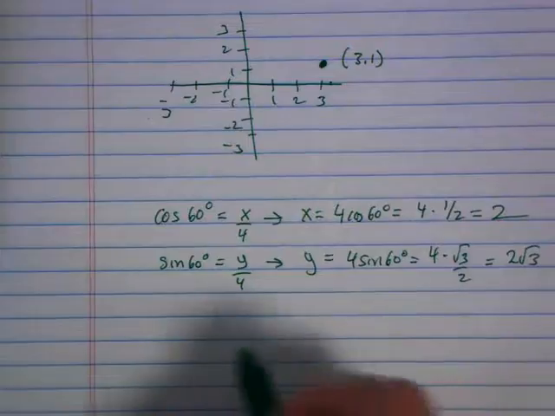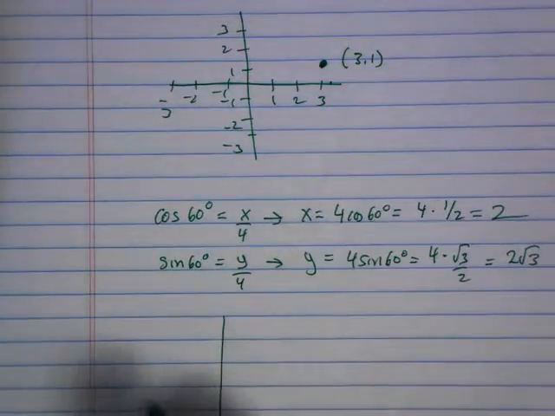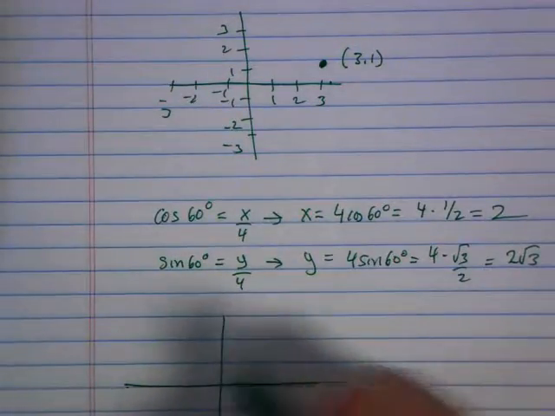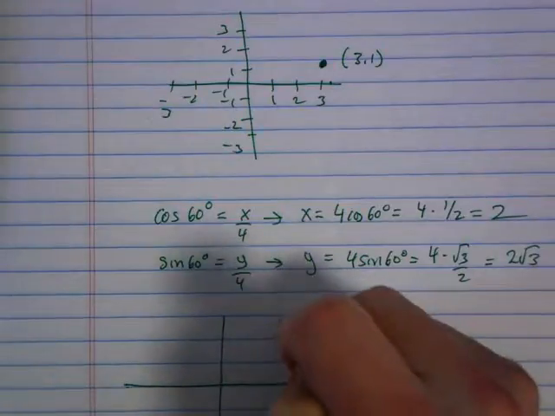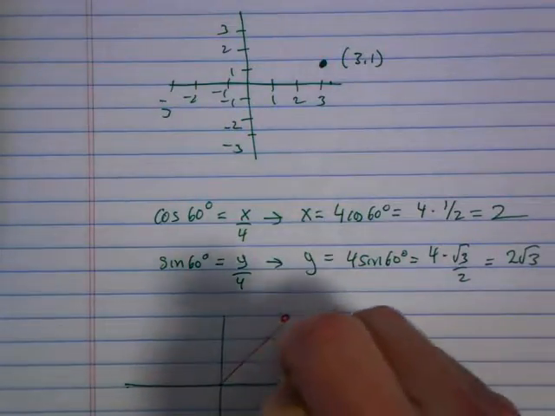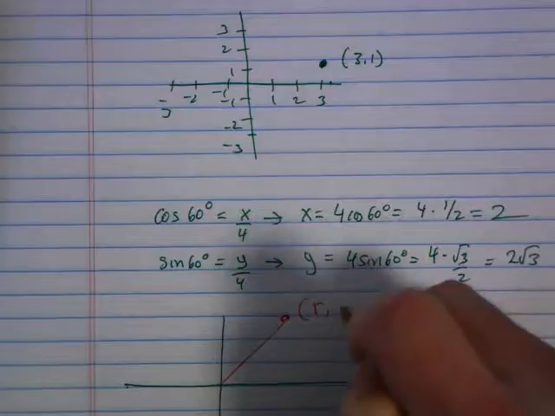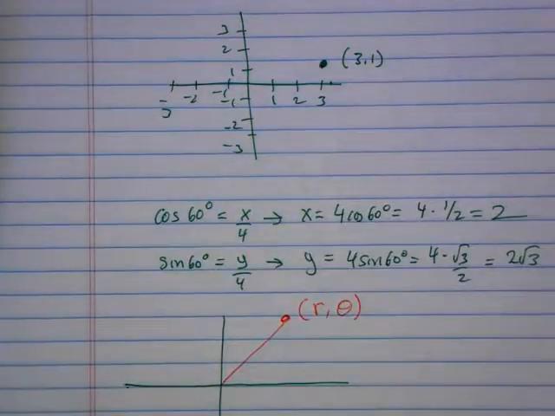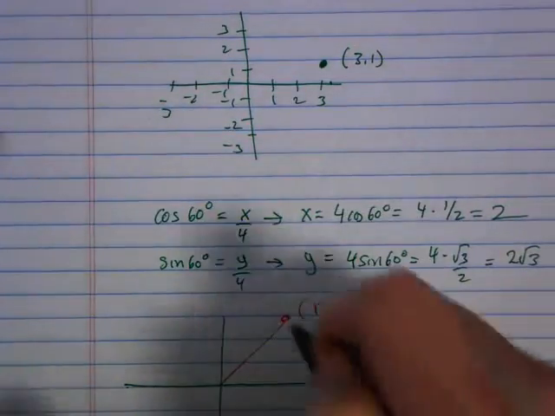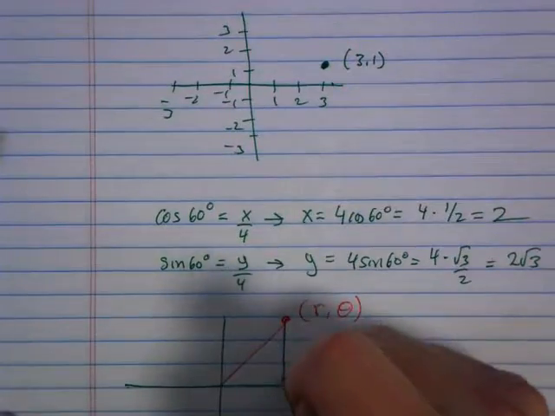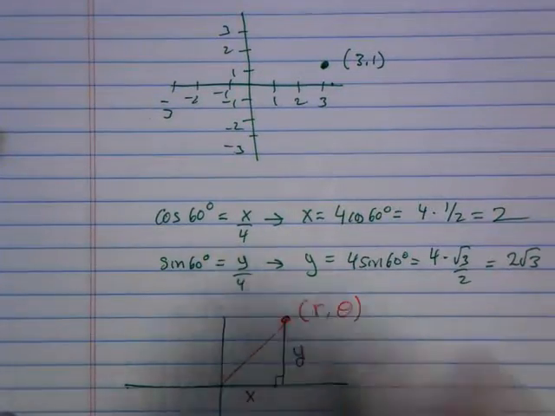All right, well, I think we just figured out something in general. If I give you a polar point, r comma theta, how do you find x and y?